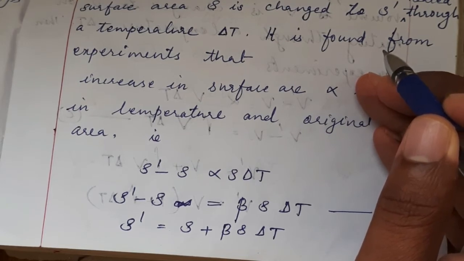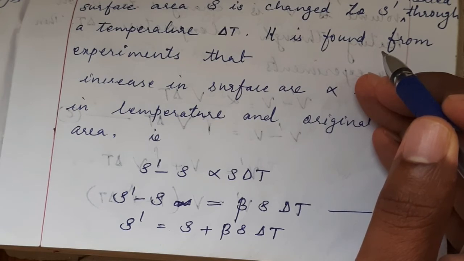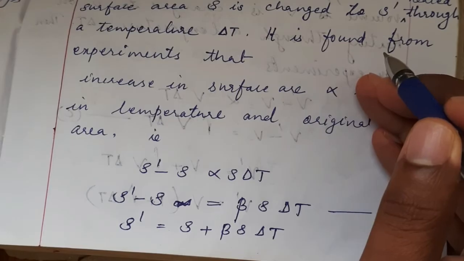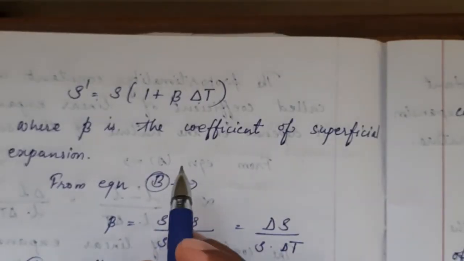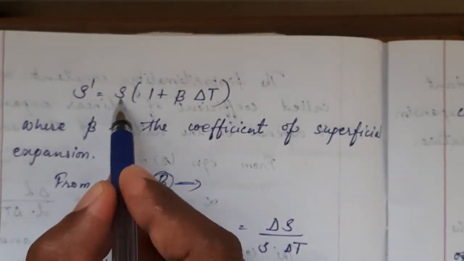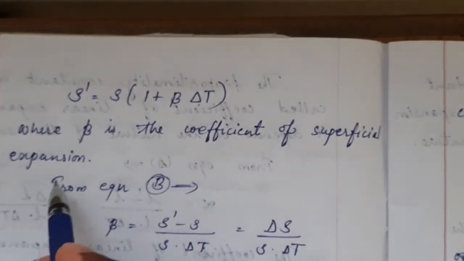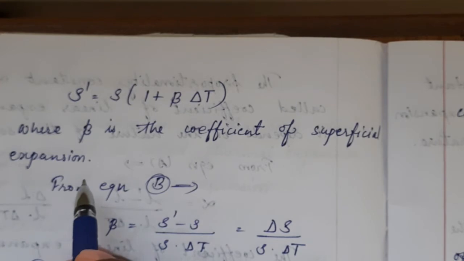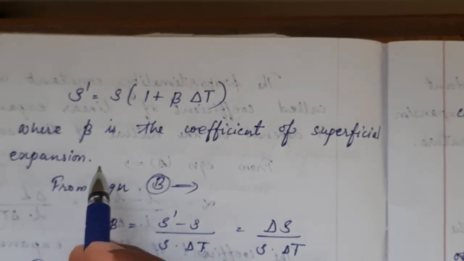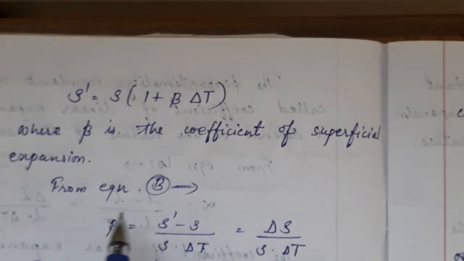Previous case it was alpha, so here we introduce a constant beta. So S dash minus S is equal to beta S delta T. So we get S dash is equal to S plus beta S delta T. So this is our equation: S dash is equal to S into 1 plus beta delta T, where beta is called coefficient of superficial expansion. Previous case it was coefficient of linear expansion, so here it is coefficient of superficial expansion.